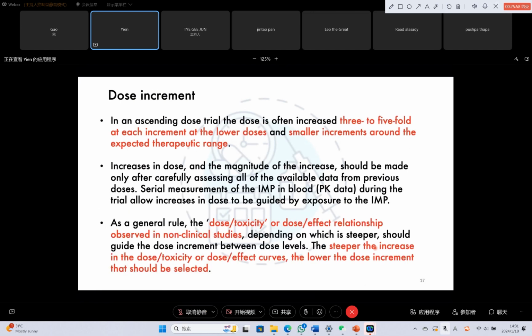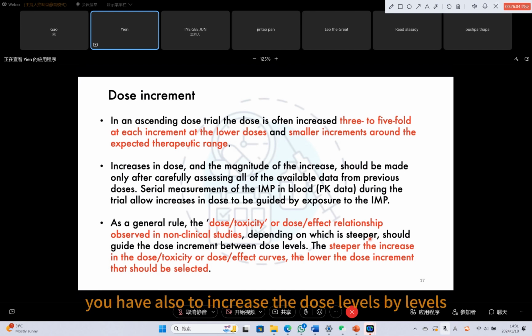After you have determined your starting dose, when you are doing the clinical trial, you also have to increase the dose level by level. The ascending dose trial usually increases in 3 to 5-fold increments when the drug is at lower dosage.